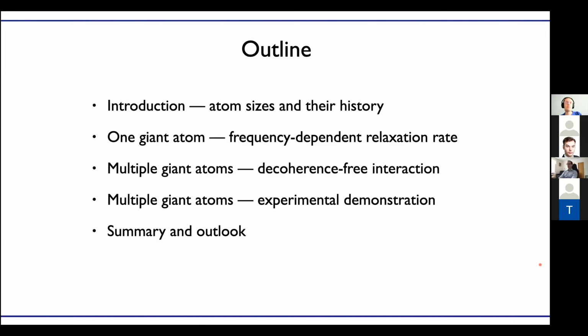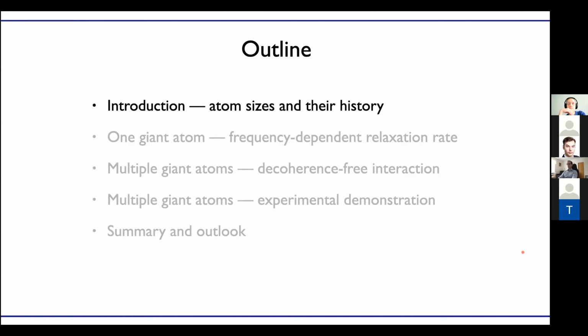Then I will talk first about the physics of a single giant atom, before moving on to the physics of multiple giant atoms. First some theory, and then I will talk in particular about this experiment, which is illustrated on the first slide. And I will summarize and give some outlook for this field, where I think there is really a lot of interesting physics to explore.